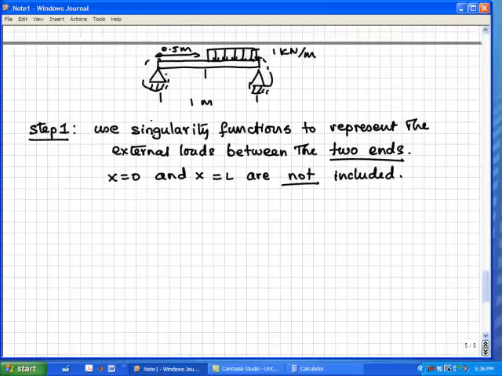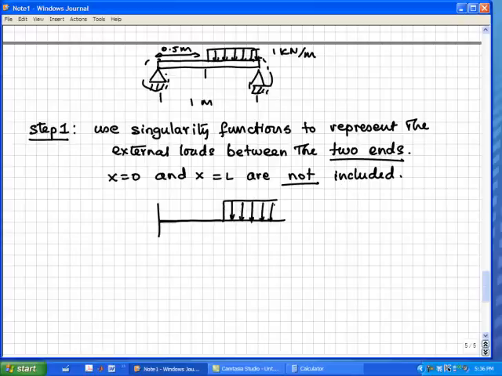So in our case, I don't care about this and this. My distributed load function goes 0, 0, 0, 0 like that, then it jumps up and goes like that. But please remember, loads are negative if they are pointing down, so it's actually jumping down even though we are drawing up. It's one of those problems, so please be careful.